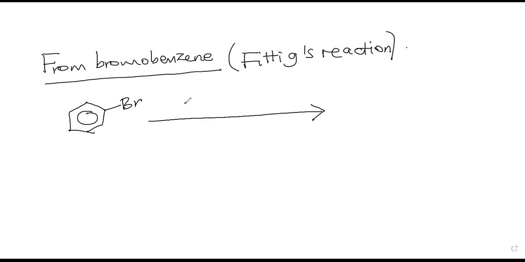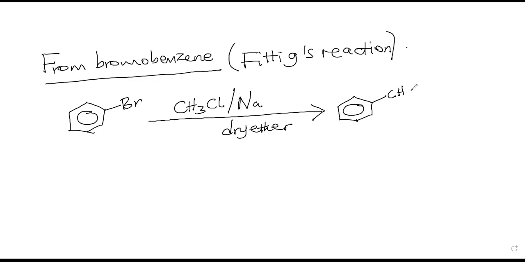So basically, if you have CH3Cl, sodium and dry ether, this will give you the product, which is methylbenzene.